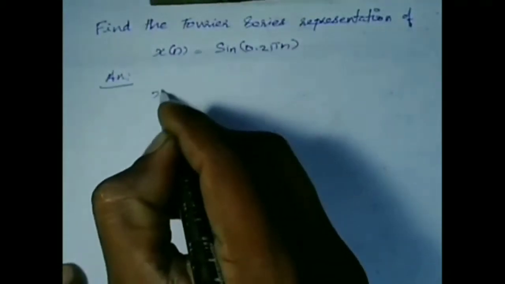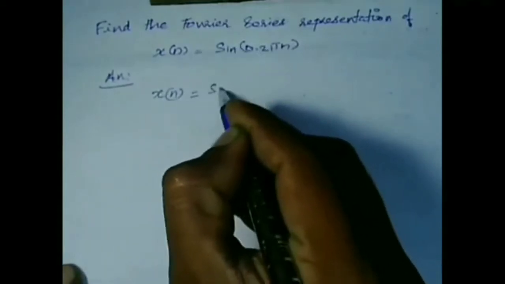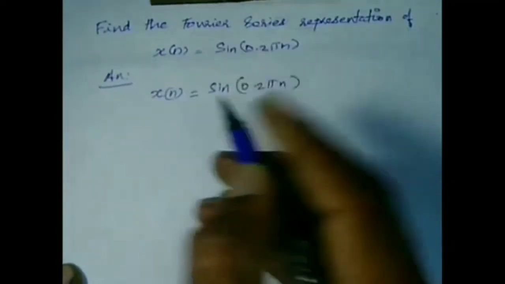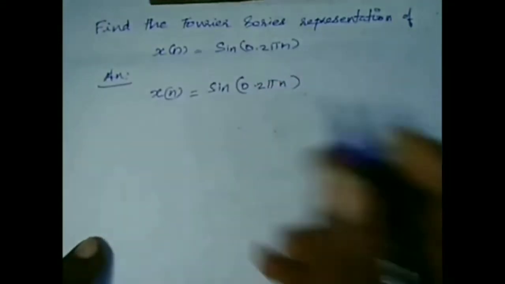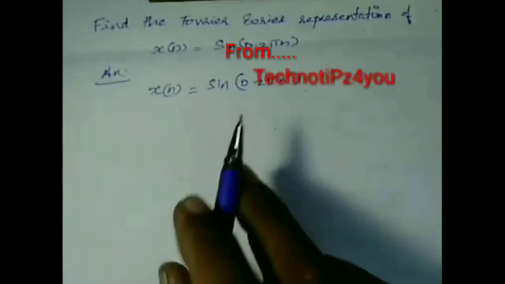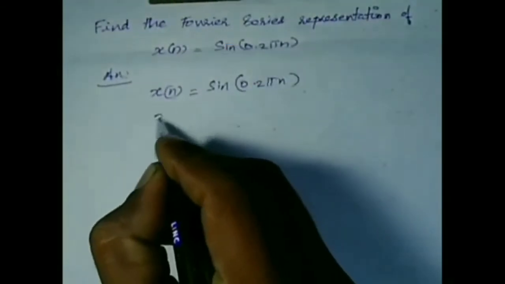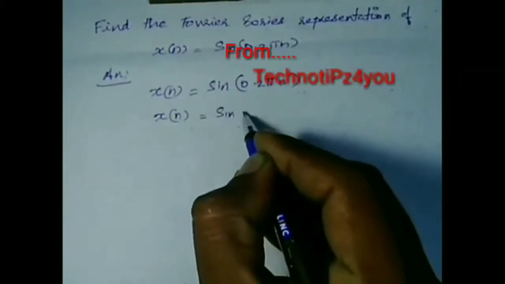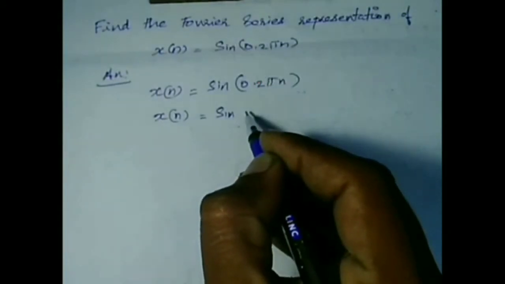It's given that x of n is equal to sine 0.2 pi n. This given signal is equivalent to x of n is equal to sine omega 0 n.